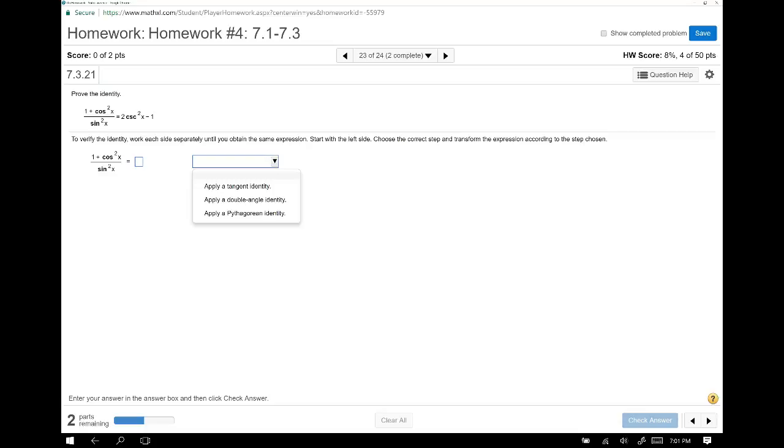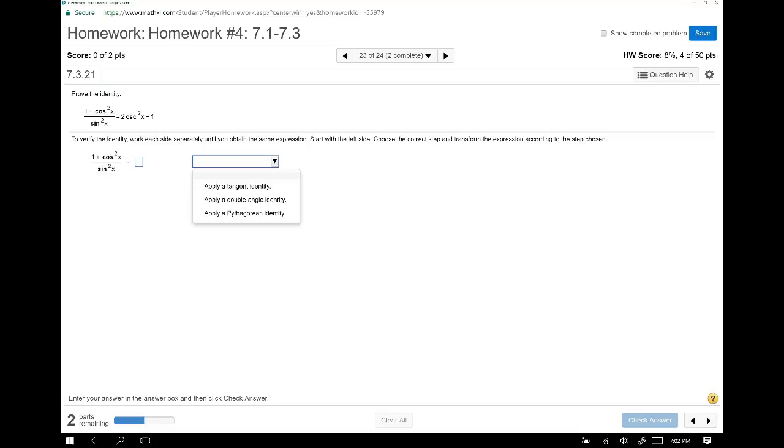Apply a Pythagorean identity. One plus cosine squared is not a Pythagorean identity. 1 minus cosine squared is. So it's not going to be a Pythagorean identity for 1 plus cosine squared.